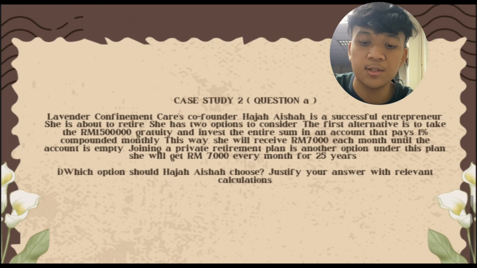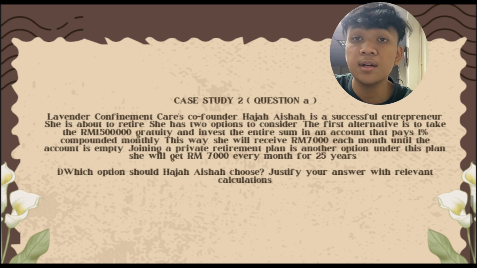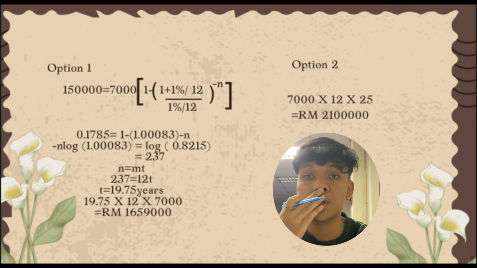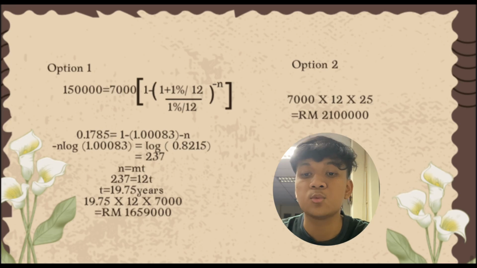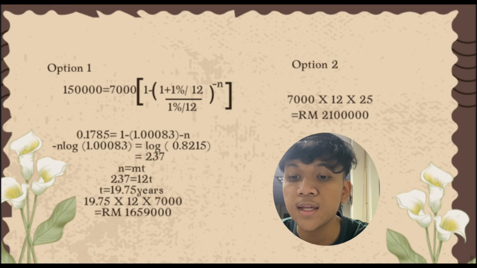So the question is, which option should Hajar Aisyah choose? Justify your answer with relevant calculation. So when we have done, we will get 1.5 million equals 7,000 [1 minus (1 + 1%/12)^(-n)] divided by 1%/12. So we need to find n.